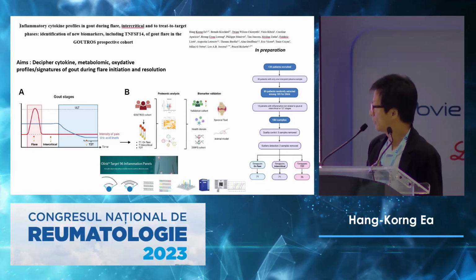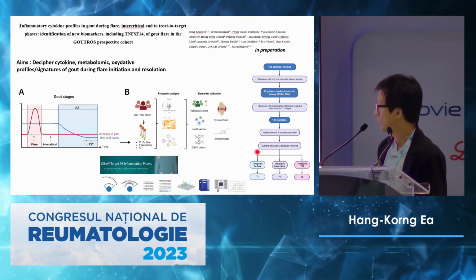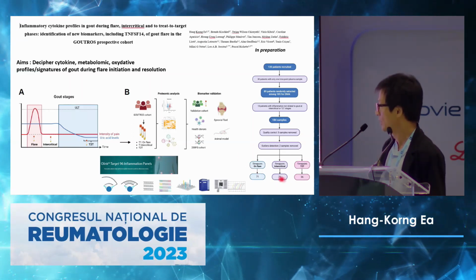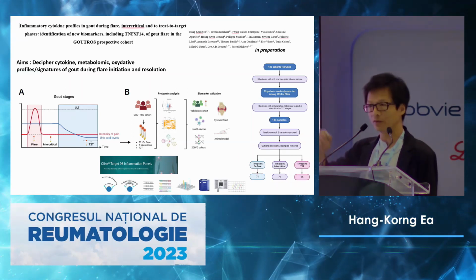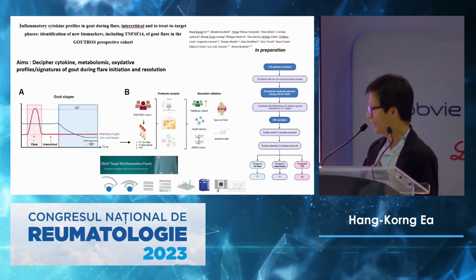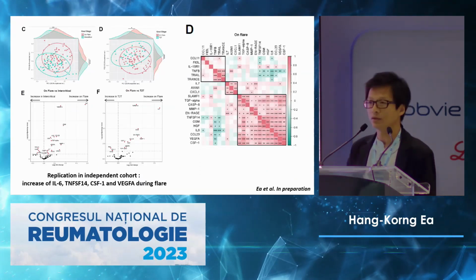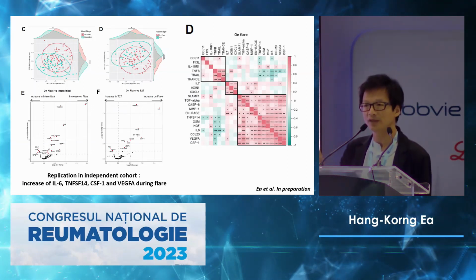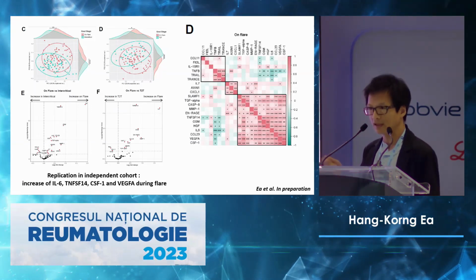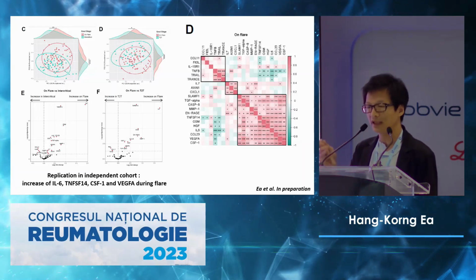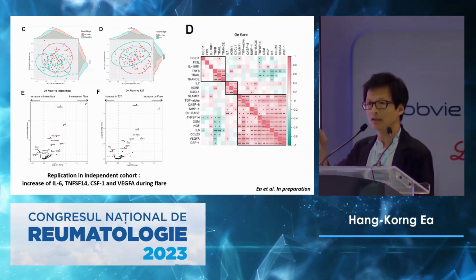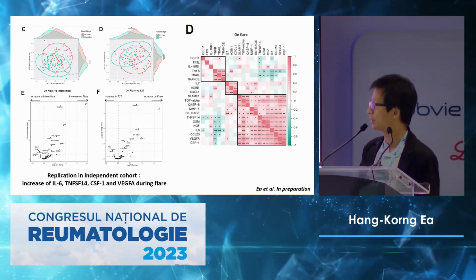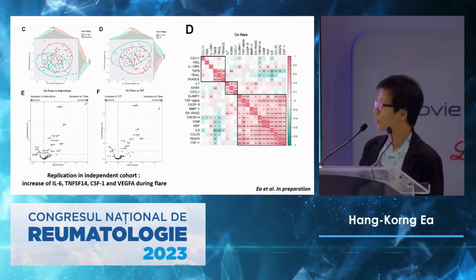In this study, we analyzed 71 patients: 71 patients with 2 time points and 36 patients with 3 time points. And what we observe, as you see on this slide, is that we identified a lot of biomarkers that were differently expressed during the flare, the intercritical periods, and after reaching the treat-to-target serum urate level.